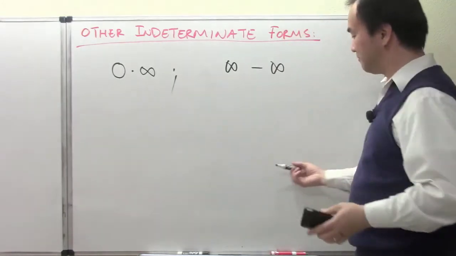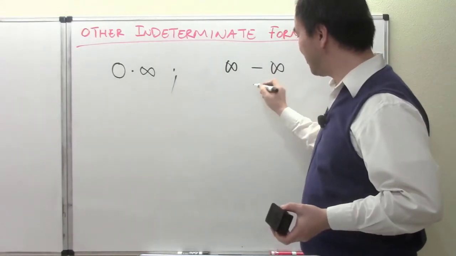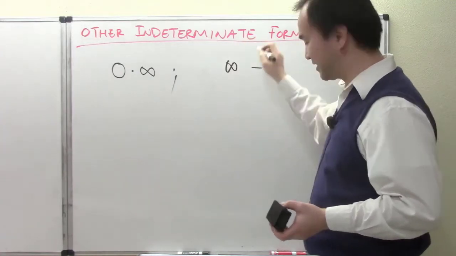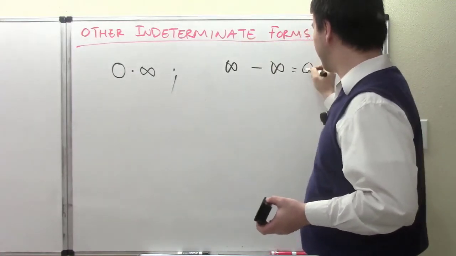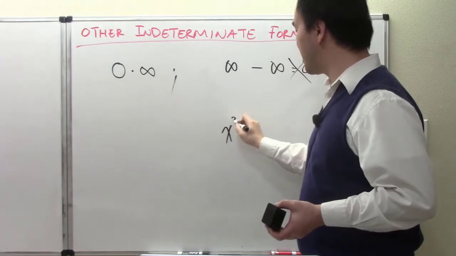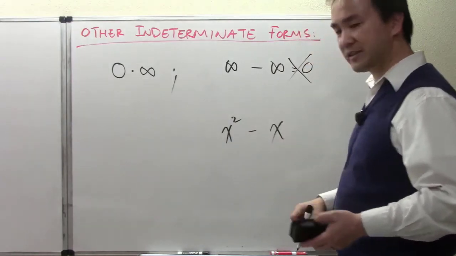One quick little example to demonstrate how wrong it is to take this as a 0. It's very wrong, because think about x squared minus x.